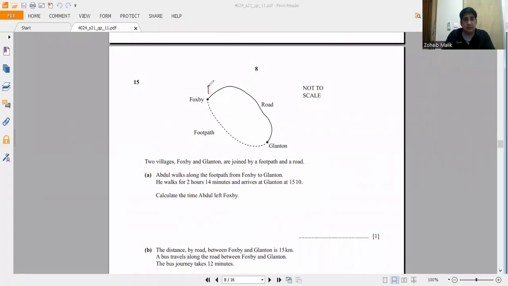Okay, this is from Foxby. Let me make a correct straight line. Now, from this, let's join with a straight line.